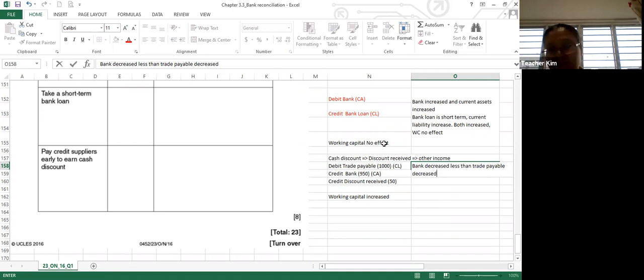So that is current asset decrease less than current liability decrease. So that working capital increases.